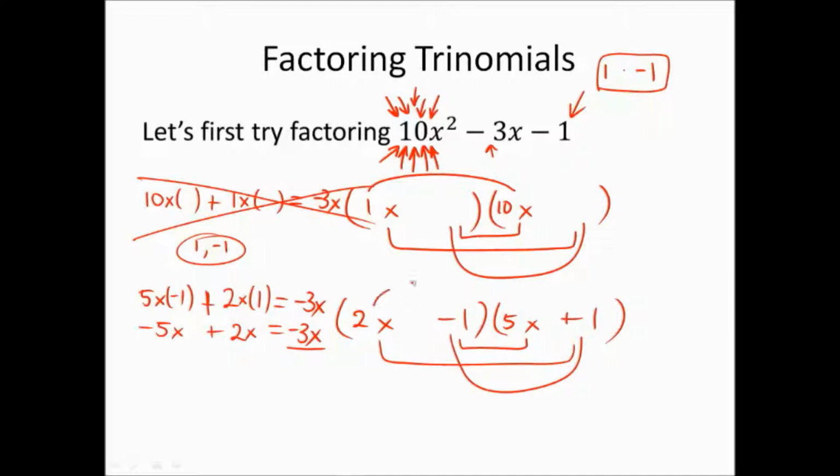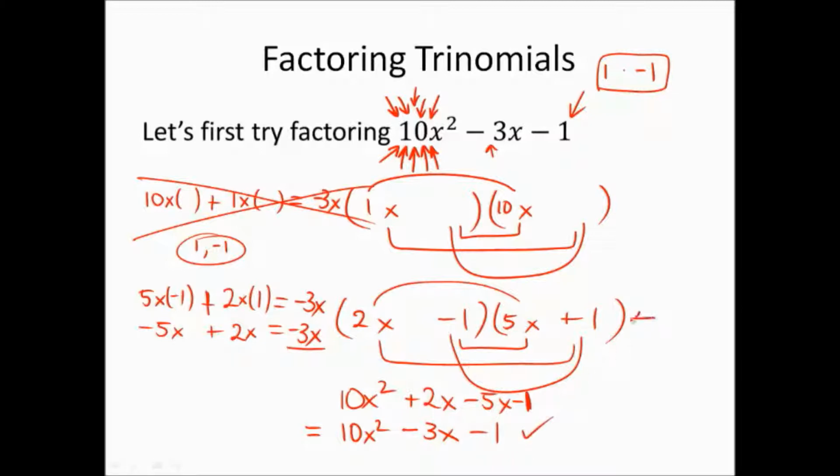Let's just double check this. 2x times 5x is 10x squared, 2x times 1 is positive 2x, negative 1 times 5x is negative 5x, and negative 1 times positive 1 is negative 1. Does this give us the original back again, the expanded form? 10x squared plus 2 minus 5 is minus 3x minus 1.